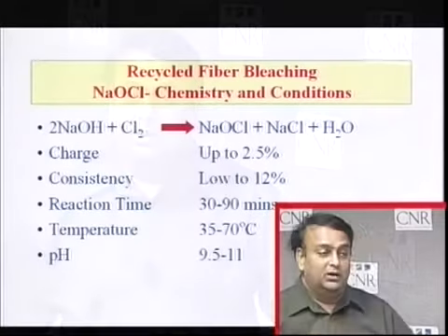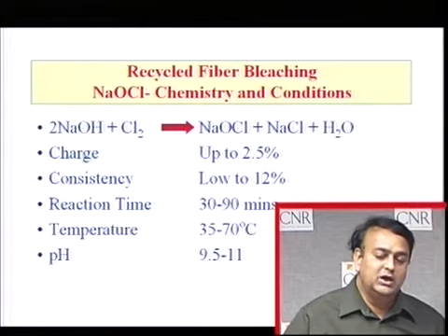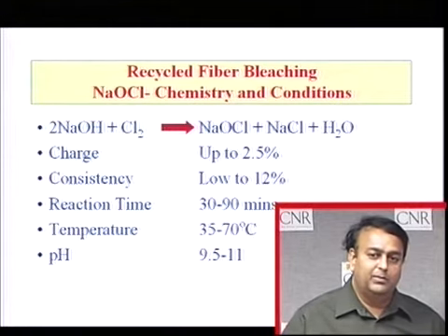That is why TCF bleaching chemicals like peroxide become very popular, total chlorine free bleaching. I am going to touch a little bit on sodium hypochlorite, because some of the mills today still use hypochlorite in the pulper for color stripping purposes.